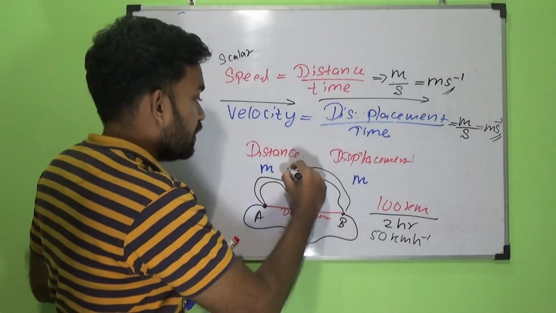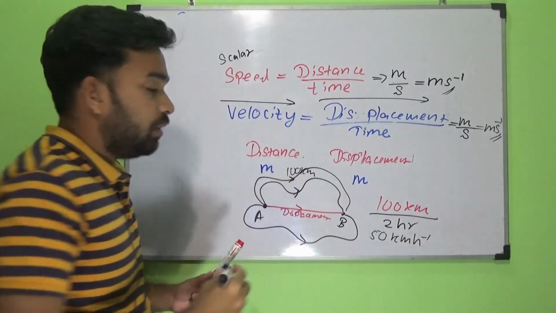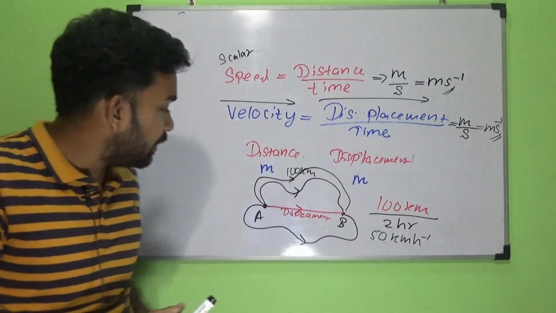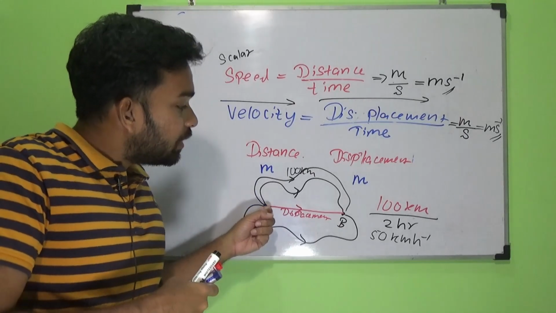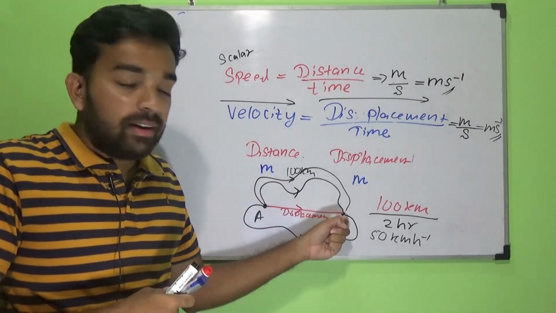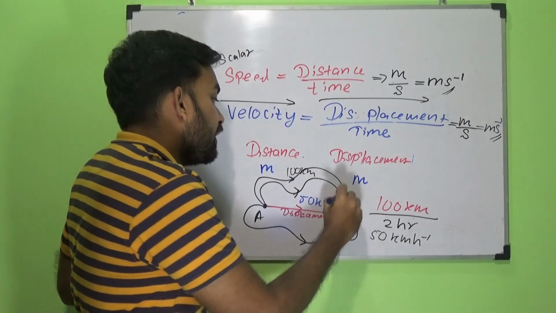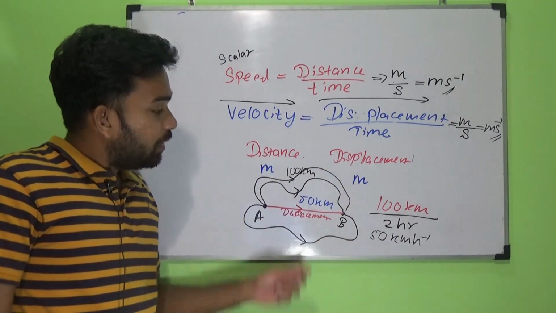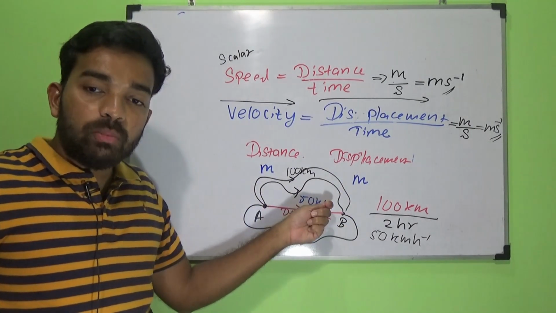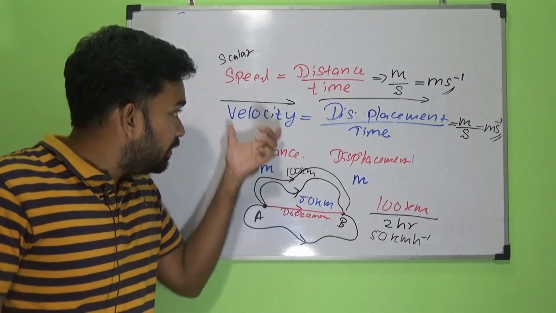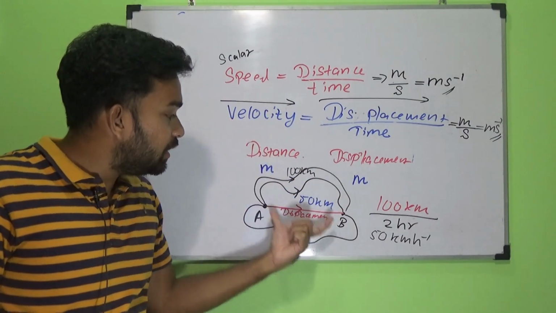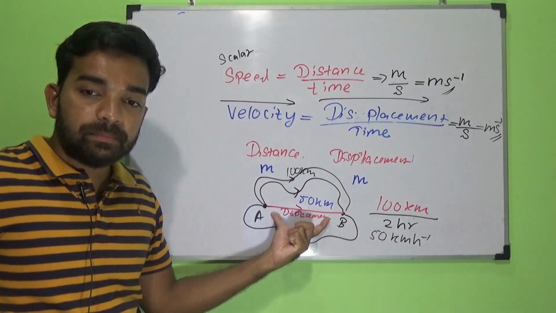So let's assume this is 100 kilometers you went. But actually from Colombo to Kandy, seen from the sky, it's just 50 kilometers or something, obviously more than that. So the velocity is going to be the displacement divided by time, right?